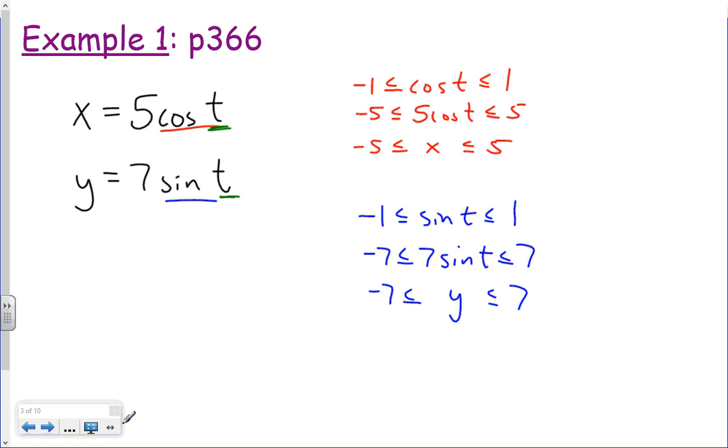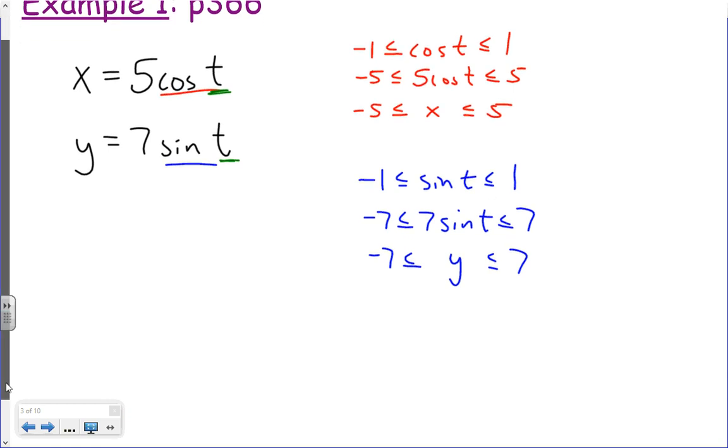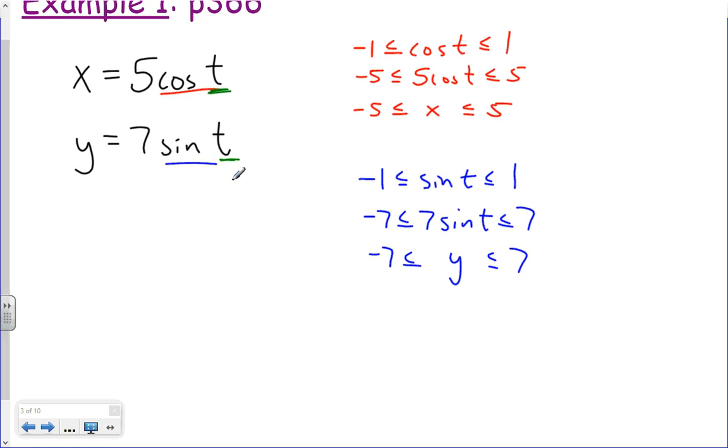I know that the period of those two functions is the same. In both those functions, the period is 2 pi radians, or in this case, they want us to do it in degrees, so I know that it's 360 degrees. So probably it would make sense from that information if I just consider t values from, say, 0 to 360 degrees.